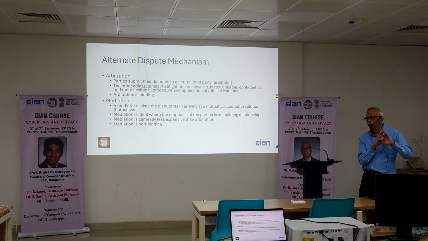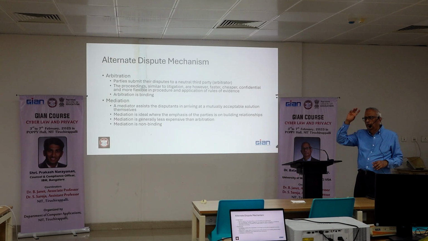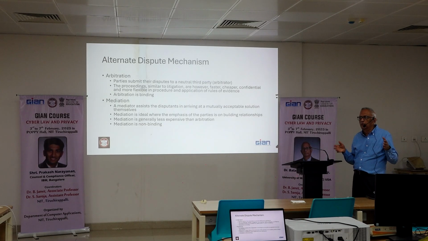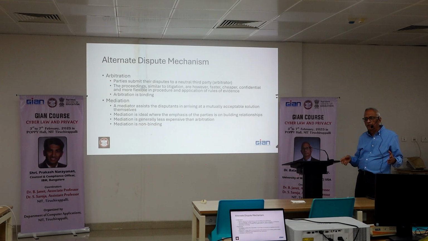Or, I bought this from Amazon through some third party, this is what happened. You can go and complain about all those things, which is very visible. But then the website you write to, they are what's called an intermediary. And the intermediaries are not responsible for whatever goes into this.